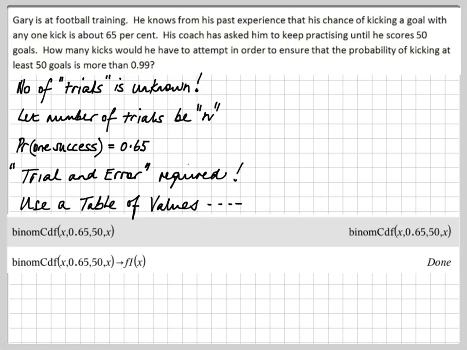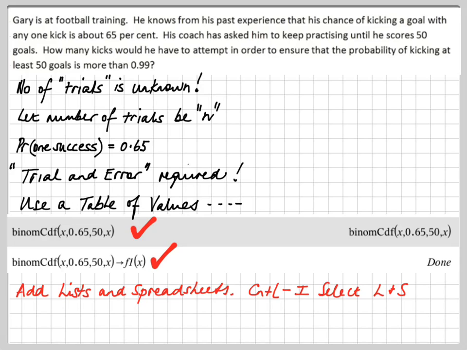Then once you've done that, you insert a lists and spreadsheet. Control I does that, and you select lists and spreadsheet for what you want to insert. Then you convert to a function table via the menu instruction.